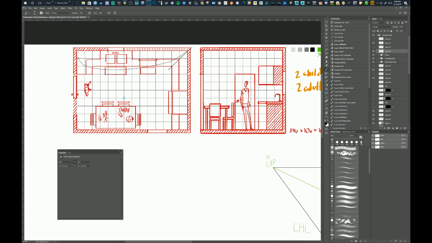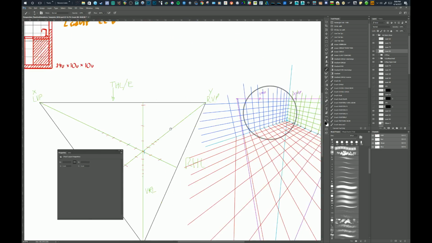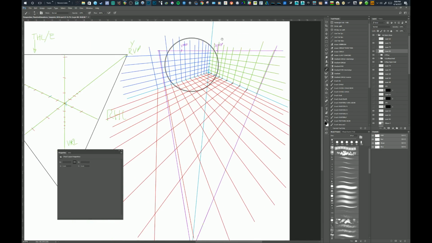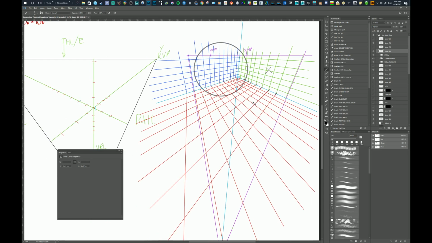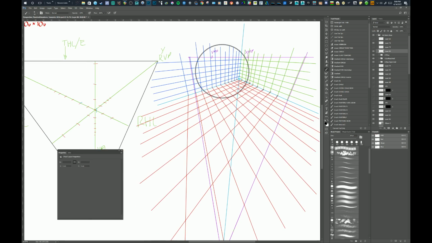This as being our long wall, and this as being our short, so we'll start in this corner. Like I said before, if I was to do this again, I would do this in the corner and put the shorter wall that way and the longer wall this way. In doing so, the center of vision wouldn't be to my left, it would be to my right over here. So the table is basically going to be here, right? And the refrigerator is going to be here, and the open door is going to be here, right?